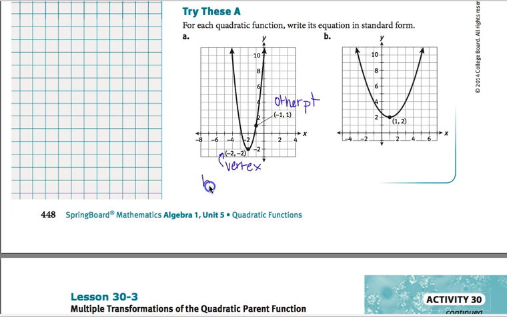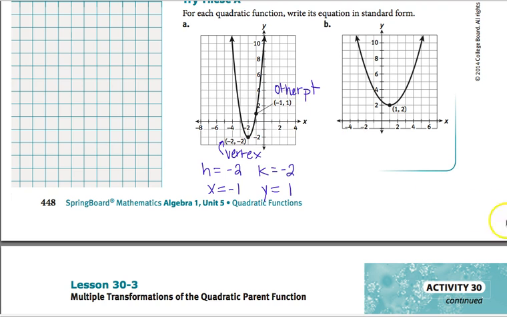H, because it moved left, that means that our H value is -2. Our K value moved down, so that's negative also. So H is -2, K is -2. Then my other point is my X, Y point. So X is going to be -1, Y is going to be 1.